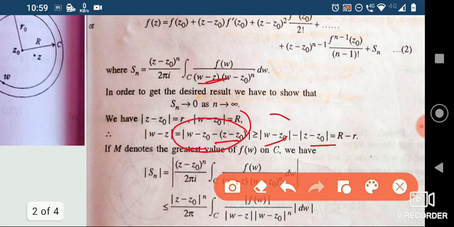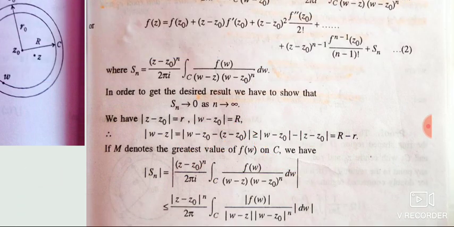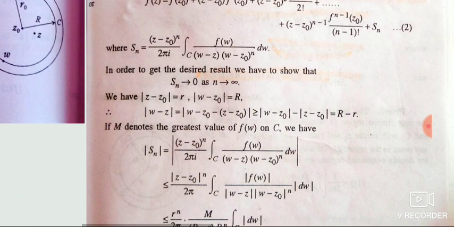Then what is w minus z naught? It is already here, that is capital R. Then what is z minus z naught? That is small r. Okay, so we got modulus of w minus z as capital R minus small r.